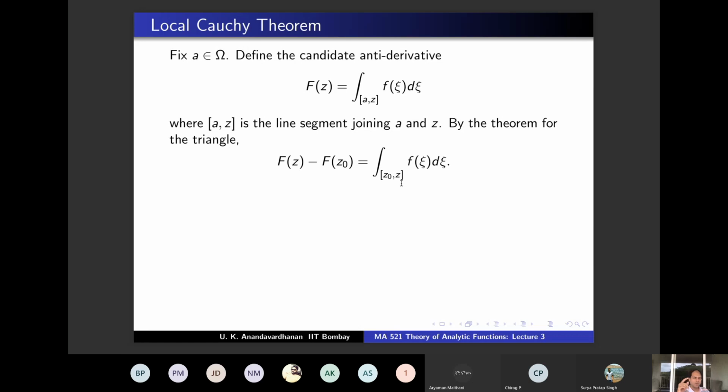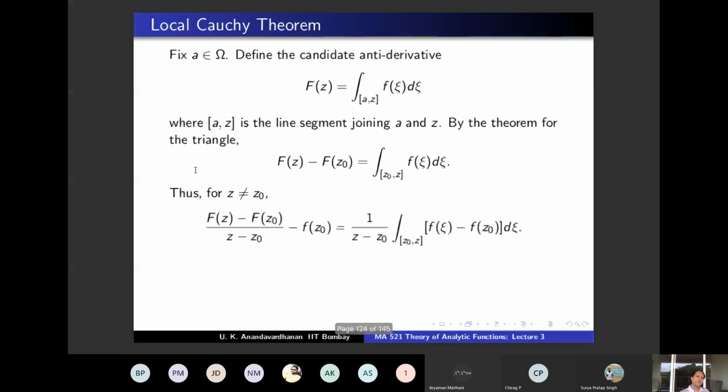Why? Because you can argue using the triangle Cauchy theorem on the triangle connecting A, z and z naught. In the correct orientation, the integral is 0. Therefore, if you subtract these two, you get the integral on the line segment from z naught to z of f(psi) d psi, and that's it.